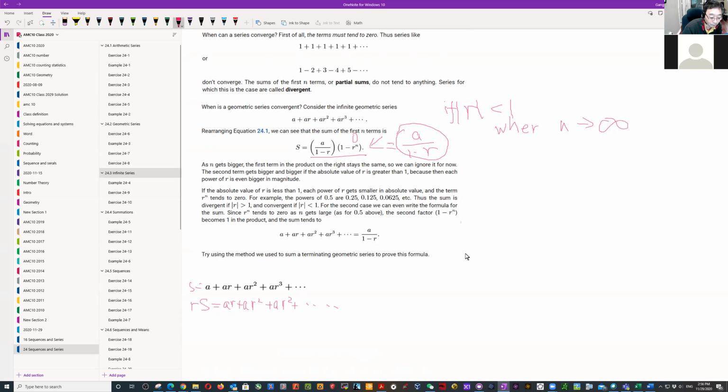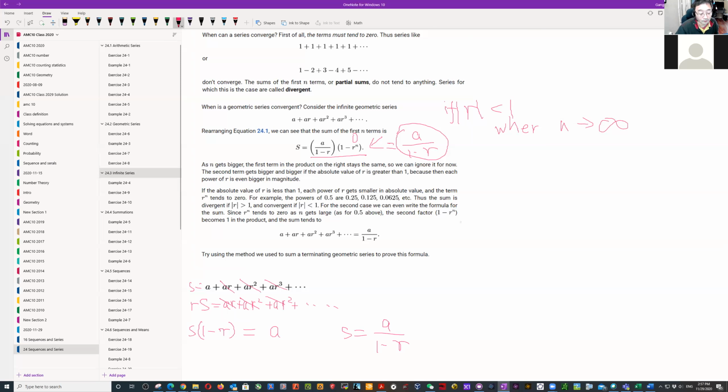When you take the difference, I factor r out, s multiplied by 1 minus r is actually equal to a, because these terms all cancel all the way to infinity. The only surviving term is a. So s will become a over 1 minus r.